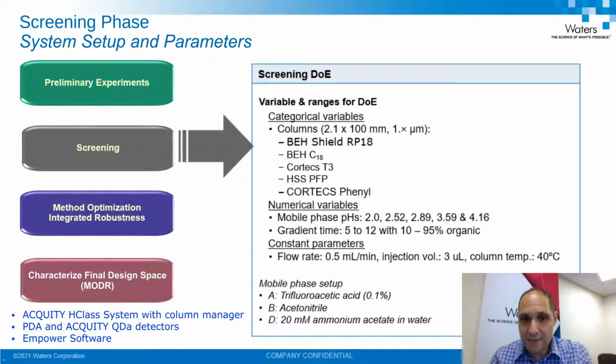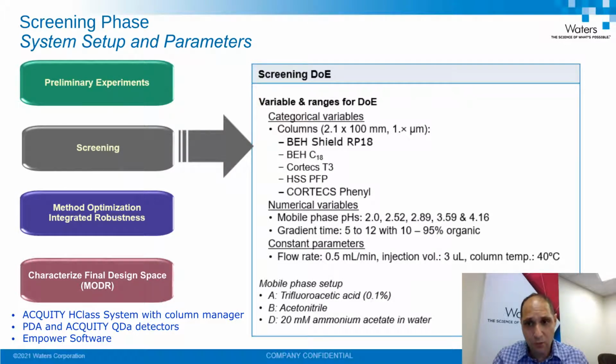So for the screening experiment, this slide shows the various conditions that were studied. We used categorical factors, which are the 5 columns, and we also used numerical variables, which are the different pHs of 2, 2.5, 2.9, 3.5, and 4.1. The flow rate was constant at 0.5 mL per minute, and the injection volume was 3 microliters.